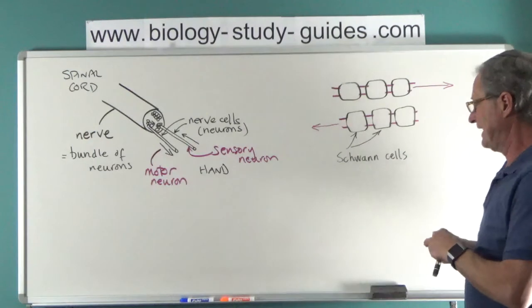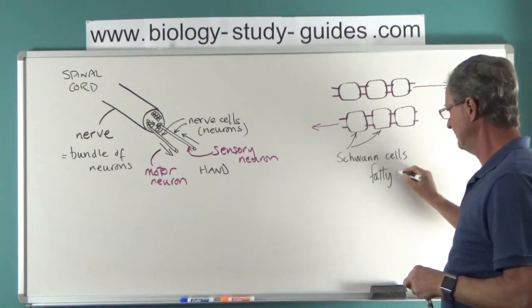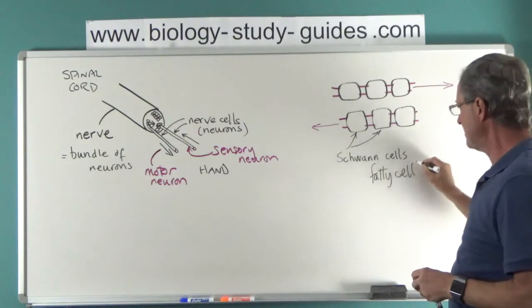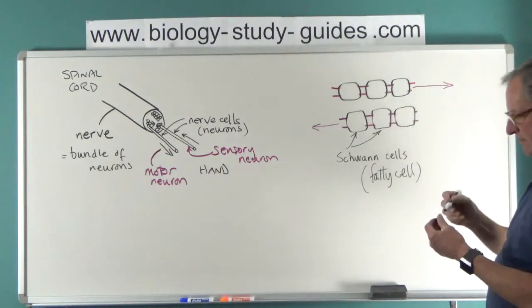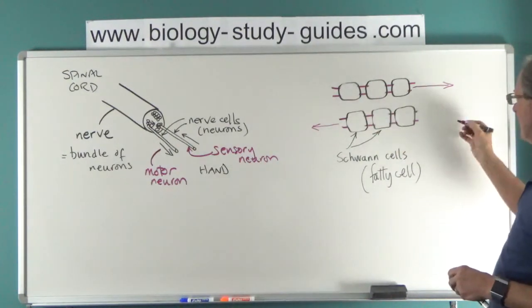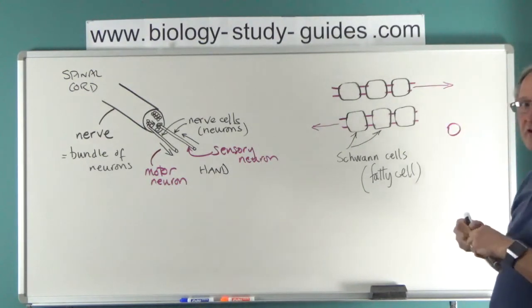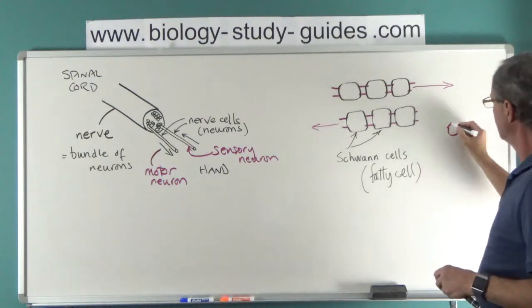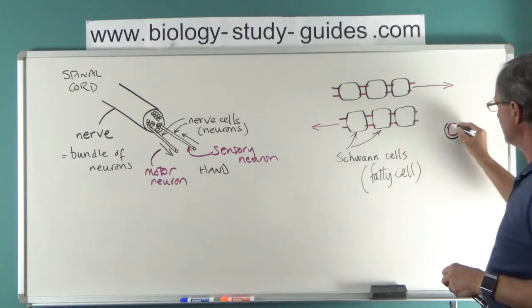They're a fatty cell. And they actually start out and grow around these. So in their origin, if you look at this nerve cell in cross-section like this, a young, newly formed Schwann cell covering would start out as this little cell like this, and I'm going to draw it.